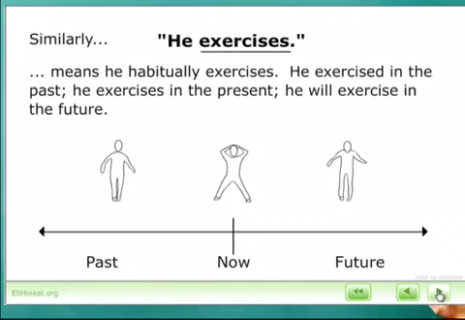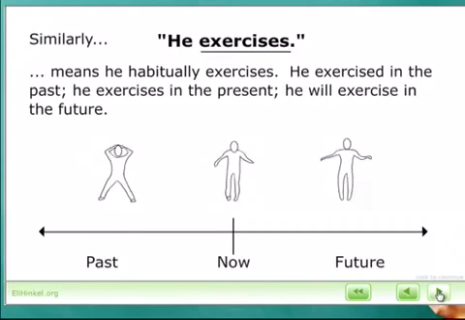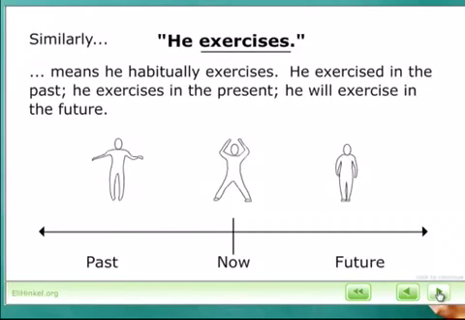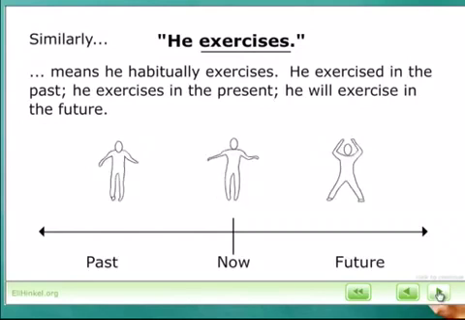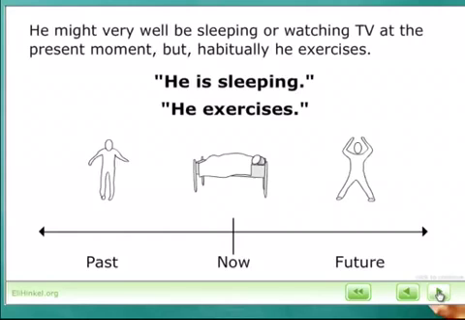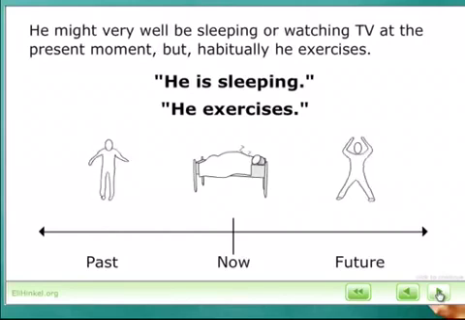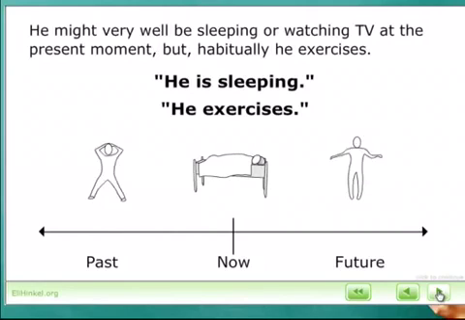That means that he exercises a lot. Wow, he sure looks muscular. Oh, that's because he exercises. He exercises in the past, in the present, and will exercise in the future. But that does not mean that he's exercising now. Maybe he's watching TV. Maybe he's sleeping.